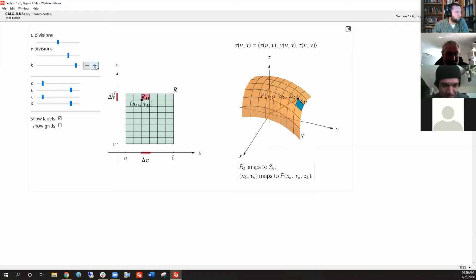I don't know whether it's a good move or a bad move, but it's kind of an interesting move that the text chooses to make. Are there any questions about how the rectangles on the uv side connect to the patches on the surface side?